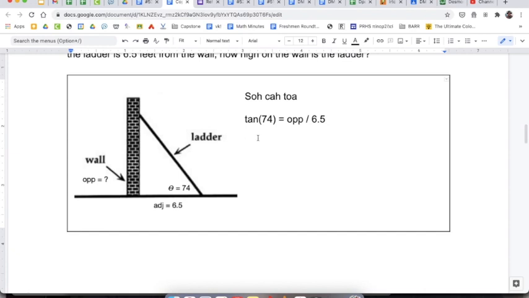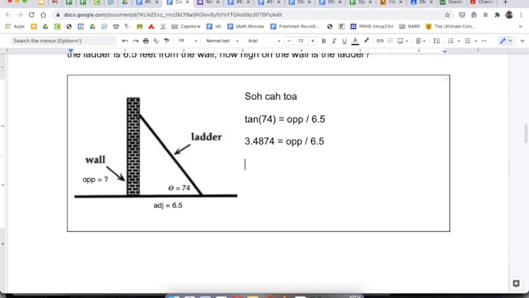I find that tangent of 74 is 3.4874. Remember, when you do these trig ratios, round them off to 4 decimal places. And that equals opposite divided by 6.5.